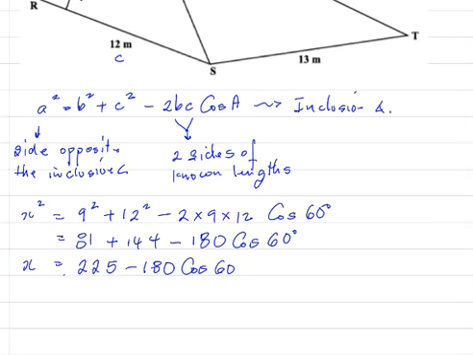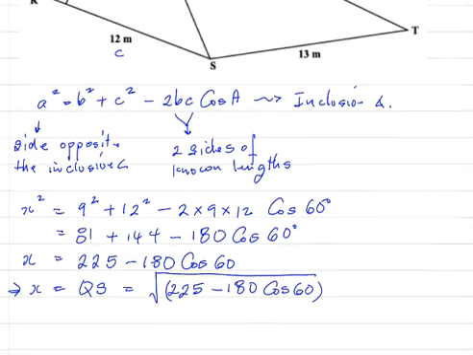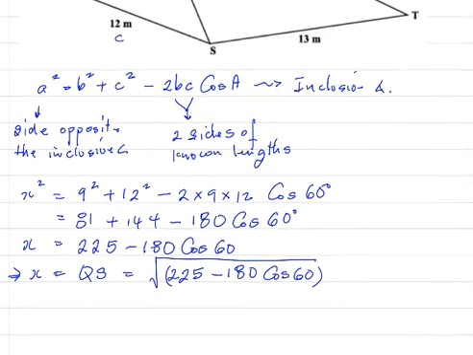The opposite of square is square root. Therefore x, which is QS, is equal to the square root of 225 minus 180 cosine 60.